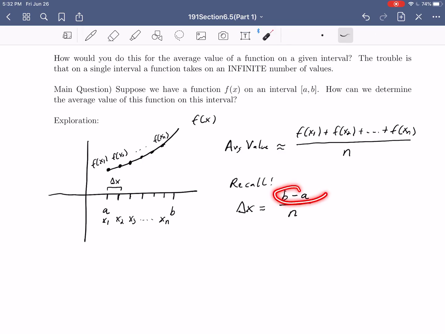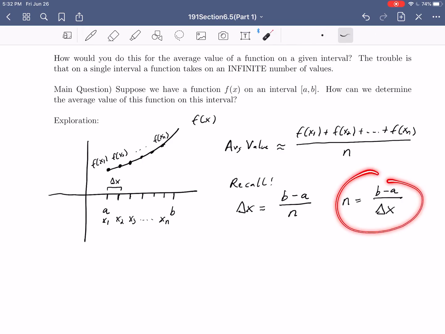If you're going to have the interval from a to b, and you're going to divide it into n pieces, well, then the size of each piece is b minus a divided by n. So we can solve this for n. So we can think about this as n is actually equal to b minus a over delta x.